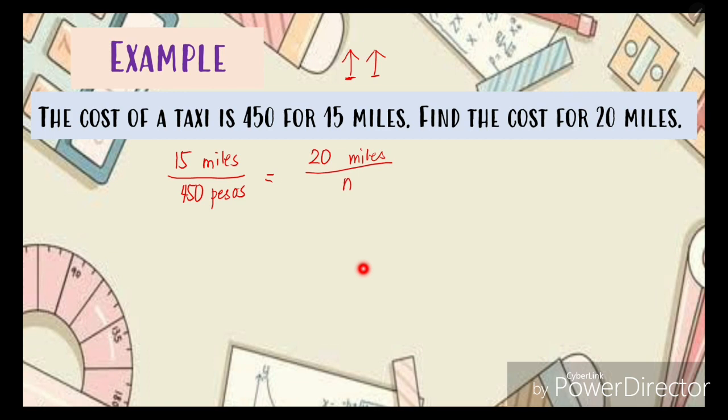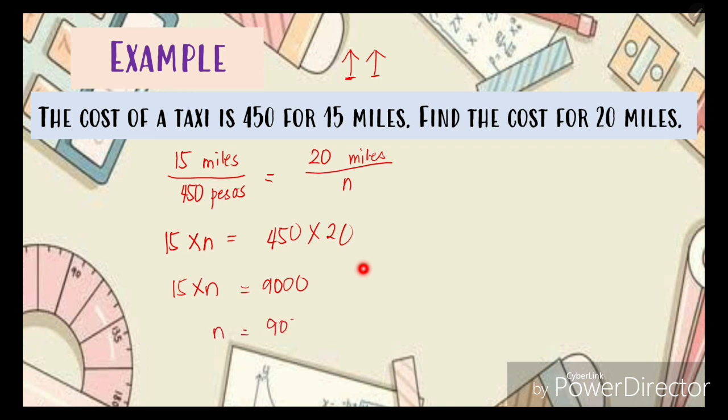Hindi natin alam kung magkano yung presyo kapag 20 miles. Okay, let us cross multiply. We have 15 times n is equal to 450 times 20. Okay, let us solve. 450 times 20 is equal to 9,000. So, sa kabila, 15 times n. Paano nga ba ulit natin solve si n?